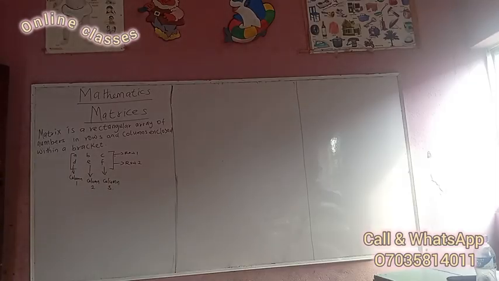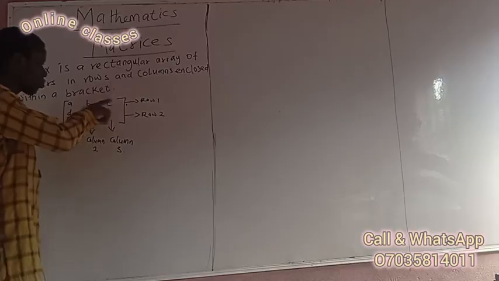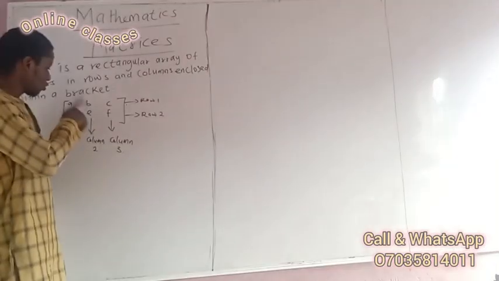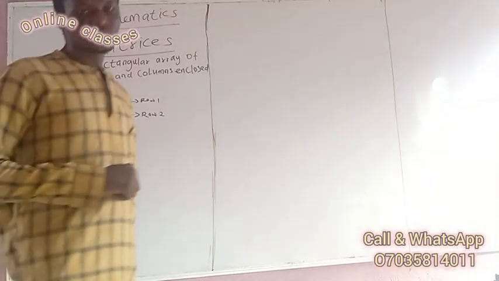So that's basically what a matrix is. We could name a matrix. If I call the row first, then I call the column. How many rows are here? We have 2 rows and 3 columns, so it becomes a 2 by 3 matrix.